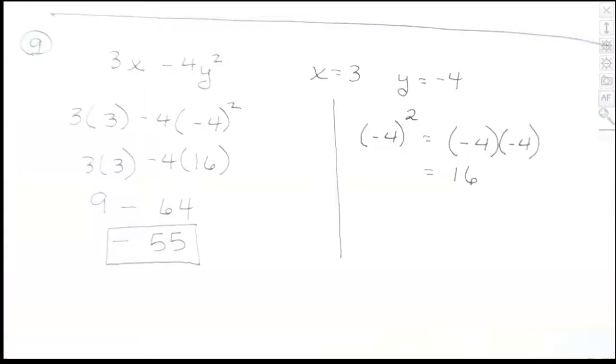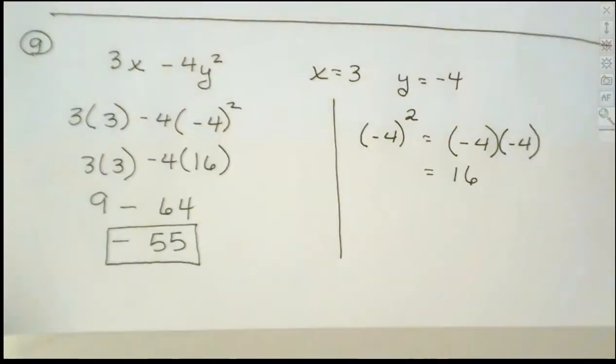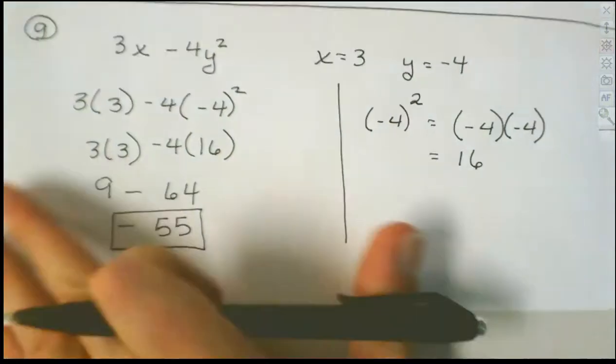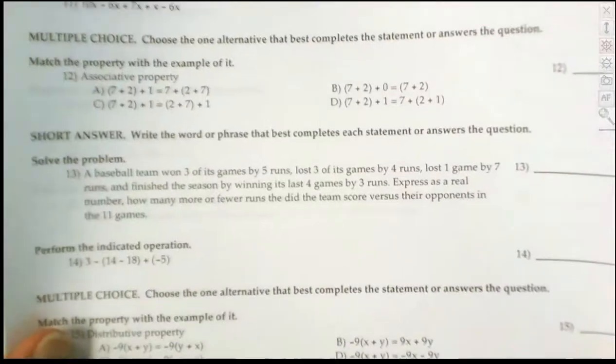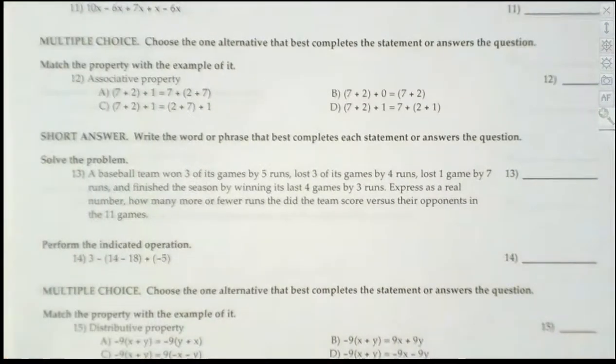Okay, so next we're going to look at question 13. And for question 13, there's different ways of working through this one. I'm going to make a table. And then I'm going to combine all of our terms together. Now, when we read 13, we're looking at the baseball games. And we're looking at either you win or you lose.